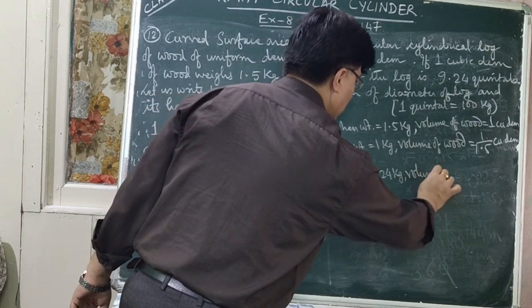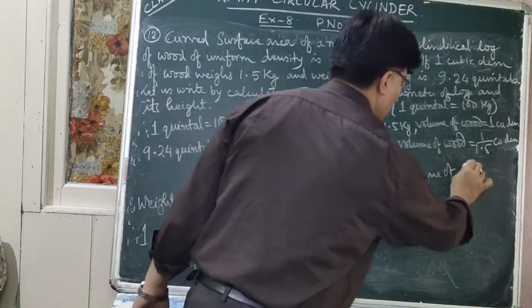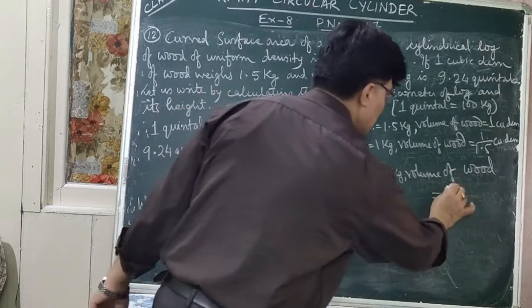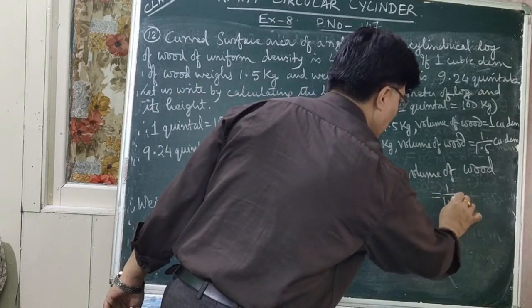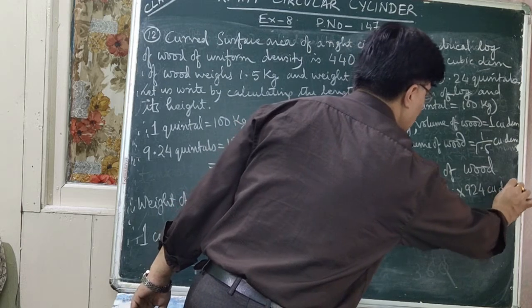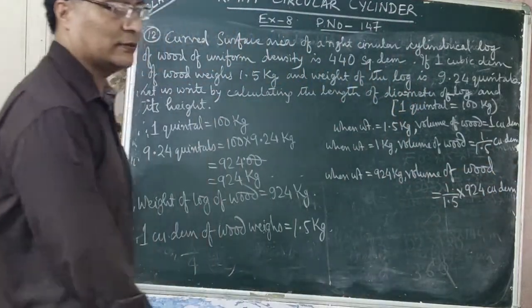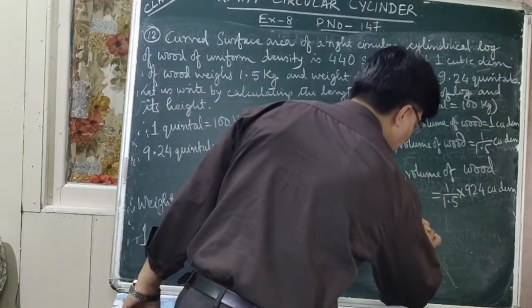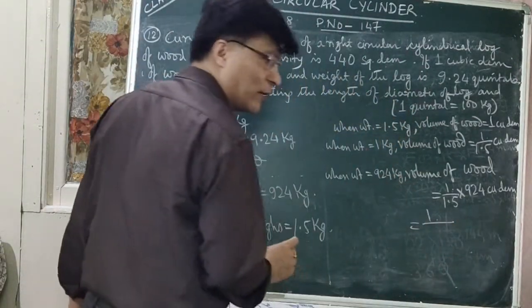What is the volume of wood now? Volume of wood is equal to 1 upon 1.5 into 924. That is your cubic decimeter. So I think you have understood it. Okay, let us simplify it.